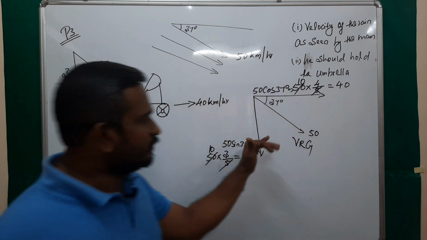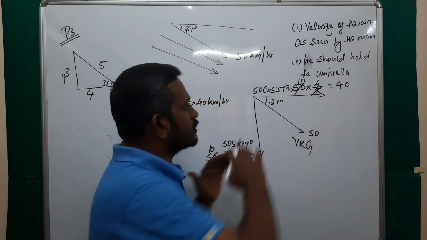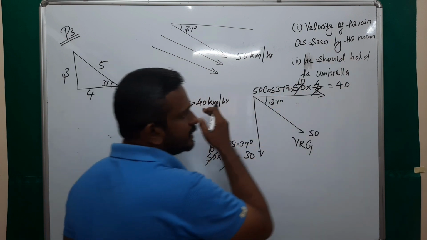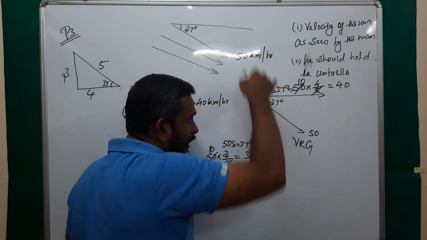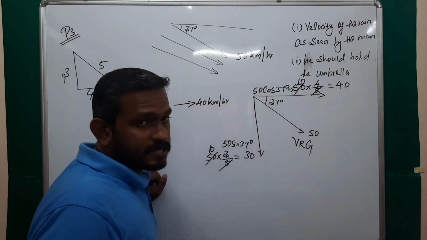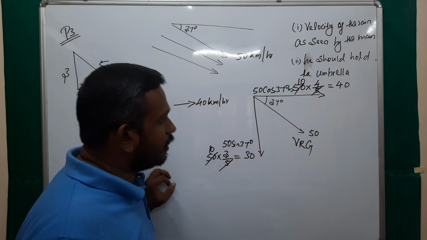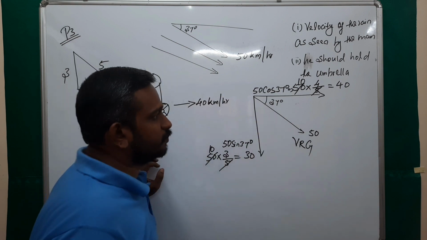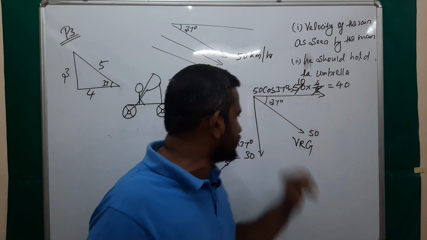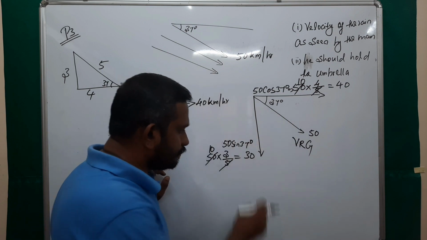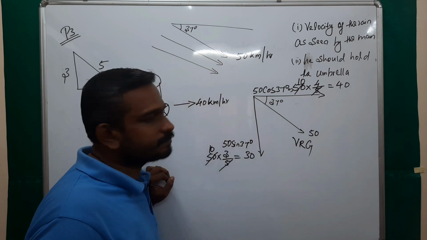That velocity 50 can be resolved into two components: one along the positive x-axis and another along the negative y-axis.